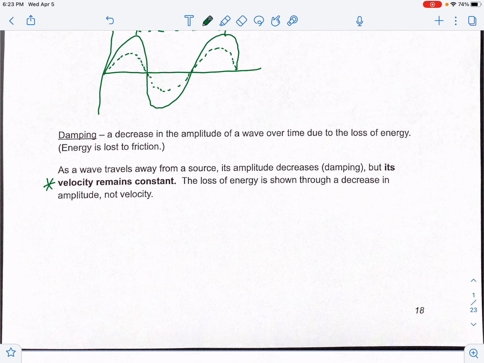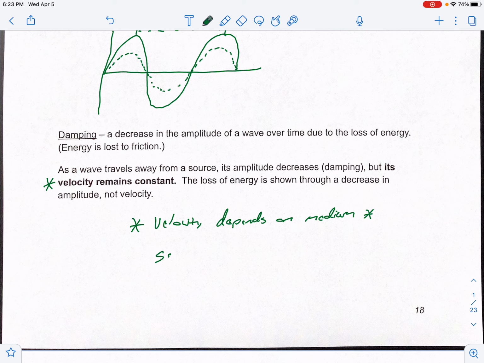So I'm going to put this here: velocity depends on medium. If I have a wave going through water, it can lose energy, but the velocity of the wave is going to stay the same. Now, if that wave goes from one medium to the next, that's how you can actually change the velocity.